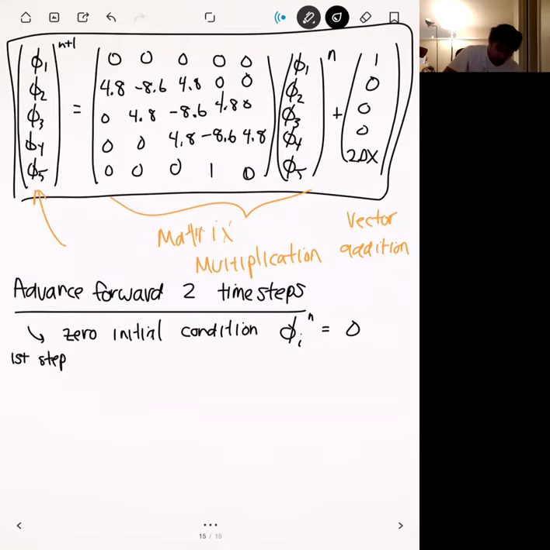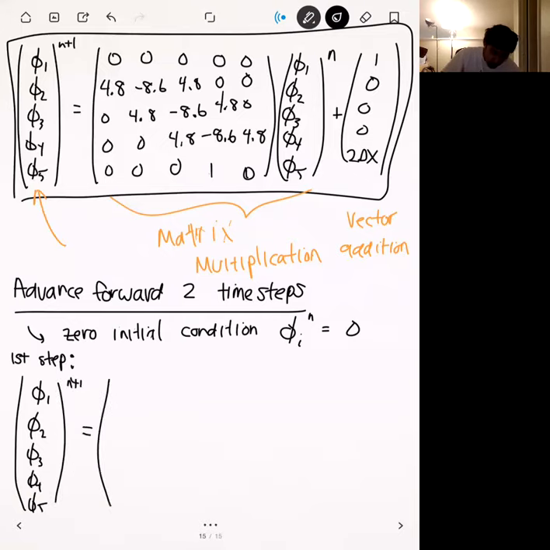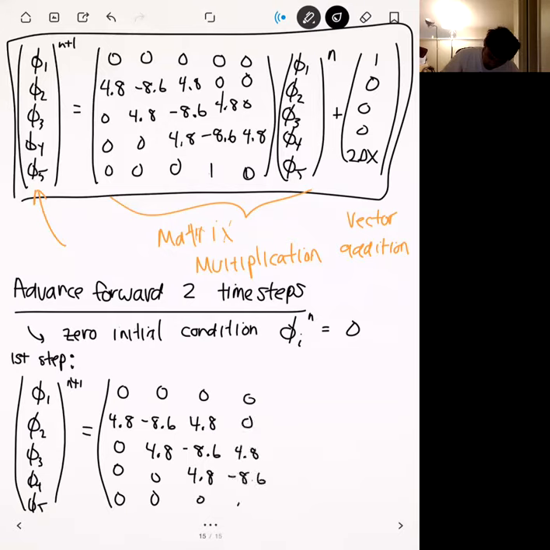For the first step, what we have is all these phi i's at n plus 1 equal to this matrix, this is a 1, 0, 0, 0, 4.80.